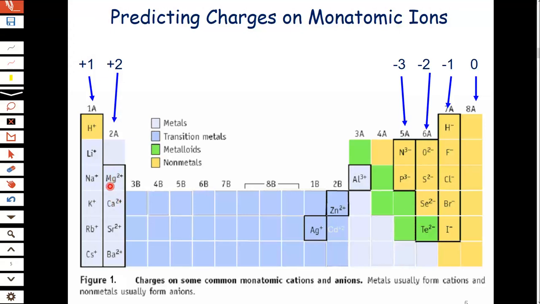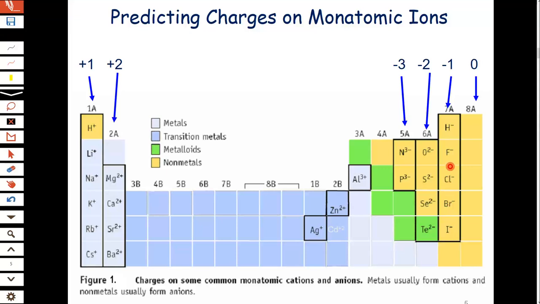Group 2 elements, except beryllium, will be 2+ ions. Why do halogens, which are in the 17th group, form one negative ion? Of course, H- sometimes happens. Sometimes hydrogen will be a negative ion, but halogens, starting from fluorine, chlorine, bromine, and iodine, will be one negative ion.